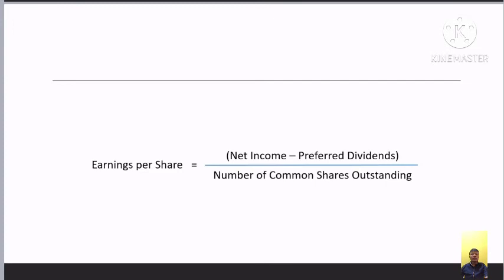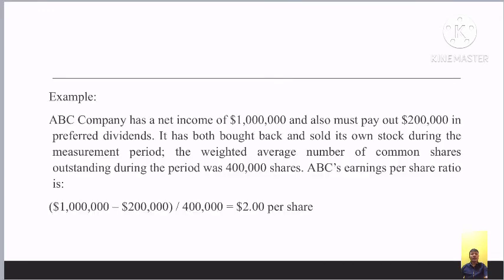For the formula, earnings per share equals net income minus preferred dividends divided by the number of common shares outstanding. For example, ABC Company has a net income of $1 million and also must pay out $200,000 in preferred dividends. It has both bought back and sold its own stock during the measurement period.